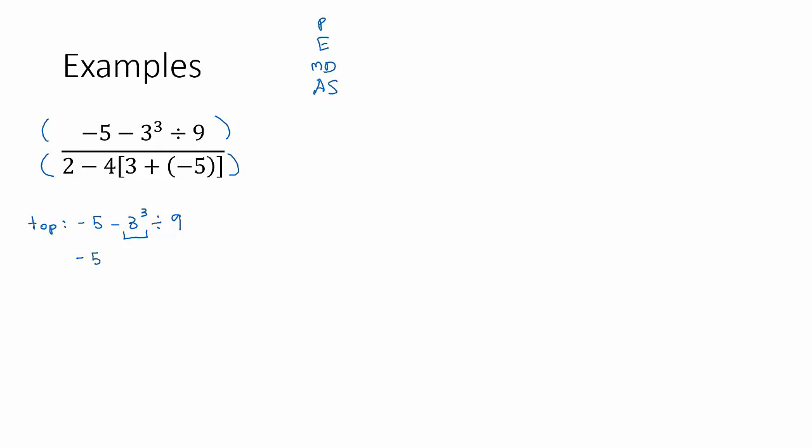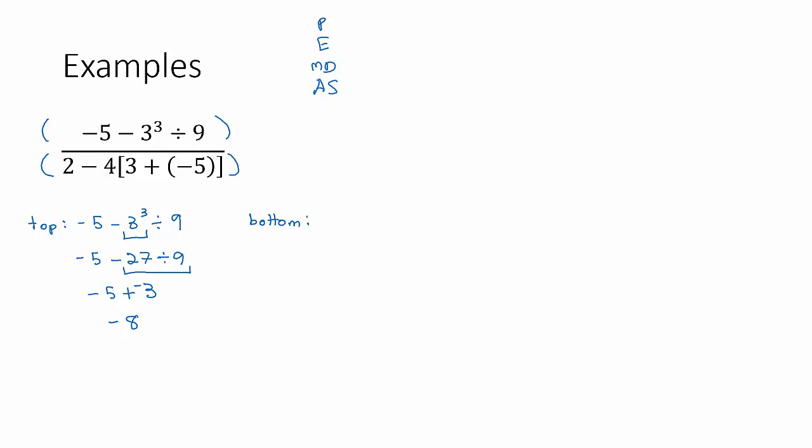So we have negative 5 minus 3 cubed is 3 times 3 times 3, or 27, divided by 9. After exponents comes division. So we have negative 5 minus 27 divided by 9 is 3. Finally, add and subtract. We'll add the opposite. Negative 5 and negative 3 is negative 8. And that's the top, or the numerator, of my fraction.